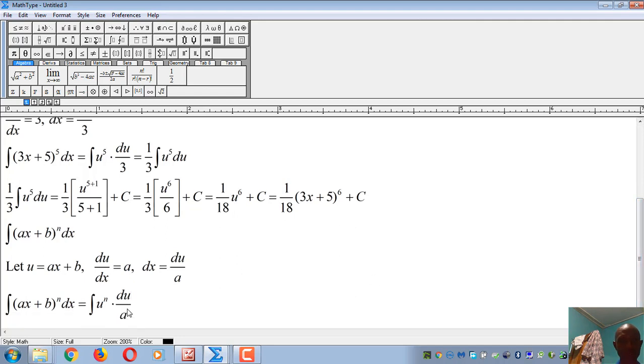You can see it very well: this a is a constant, you can bring it out, 1 over a, times the integral of u raised to the power of n du. With what we have done now, what we need to do is easy. You can easily take the integral of this.